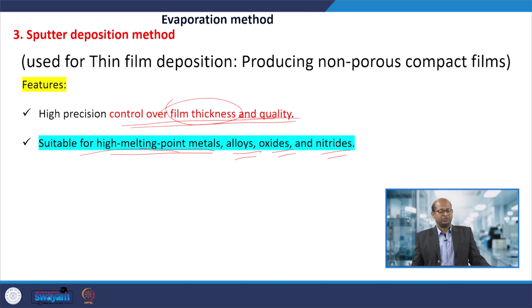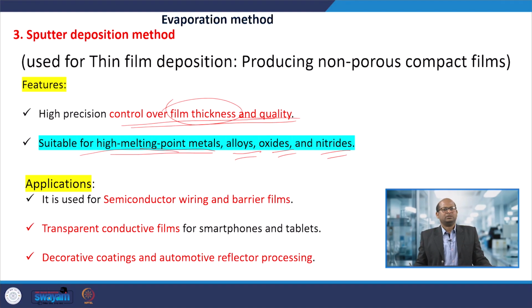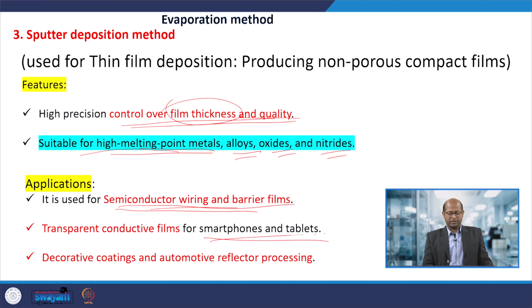For depositing thin films, it is very suitable where the metals or metal oxides have high melting points, and also alloys and oxides, so we can use sputter deposition to create such films. As for applications, it is used in semiconductors, wiring and barrier film formation, and transparent conductive films that can be produced through this method, which is very useful for smart devices.